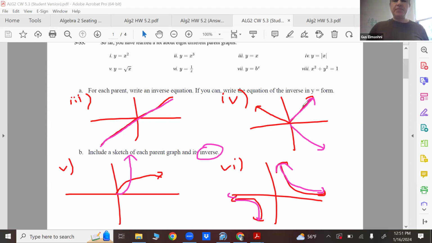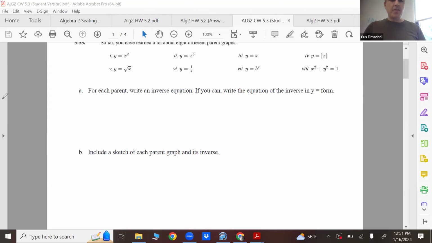But every single time, you need symmetry about y equals x when you graph the original and the inverse. For 7, if you graph that, it's going to look like this.